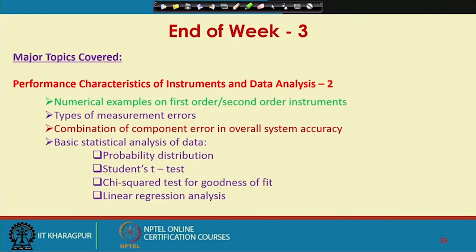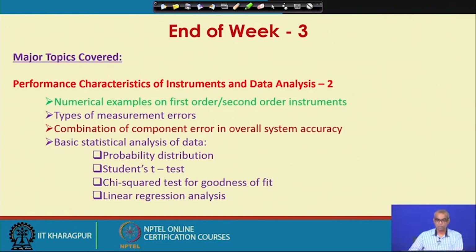We have taken examples of thermometer as first order system, we have taken U-tube manometer as second order instrument, we have analyzed them. We have talked about types of measurement errors. We have seen how to compute component errors, to calculate overall system accuracy.